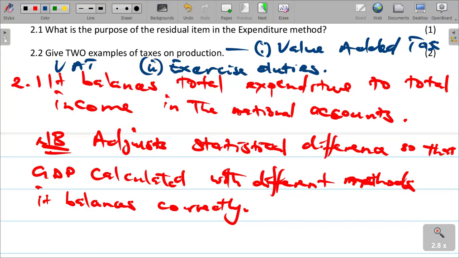So value added tax, I'm sure that we have heard that in South Africa is at 15%. So it is one other form of tax on production, a very common example of tax that we have when we look into our South African economy.